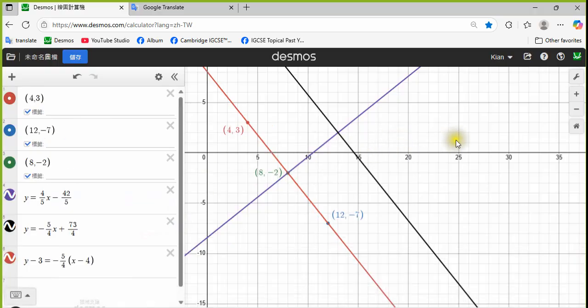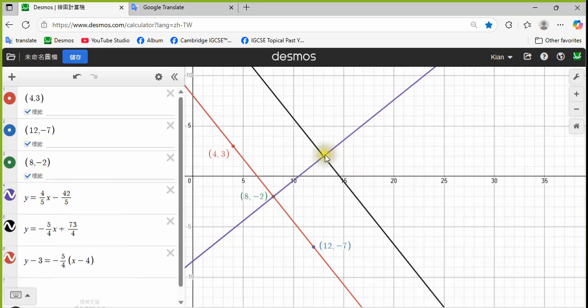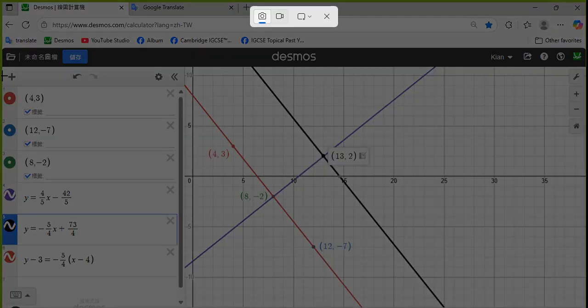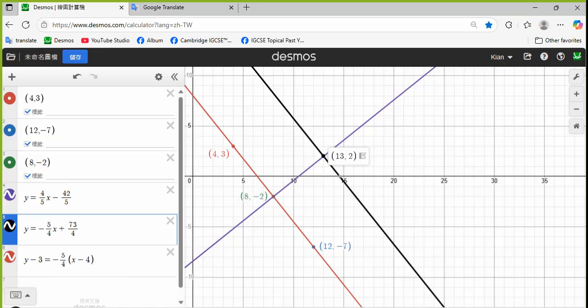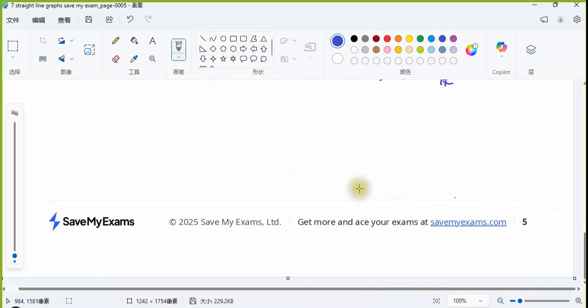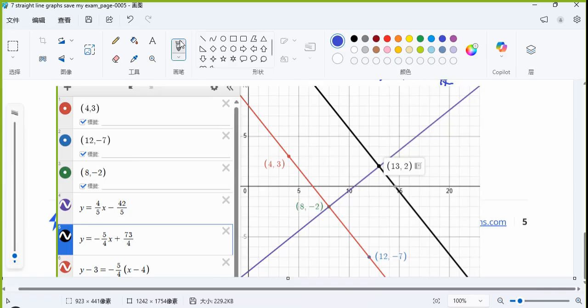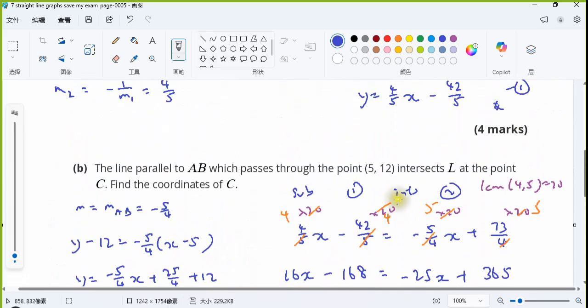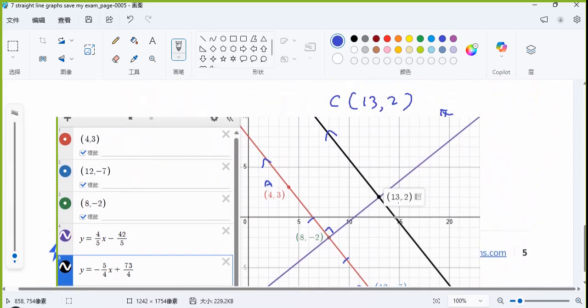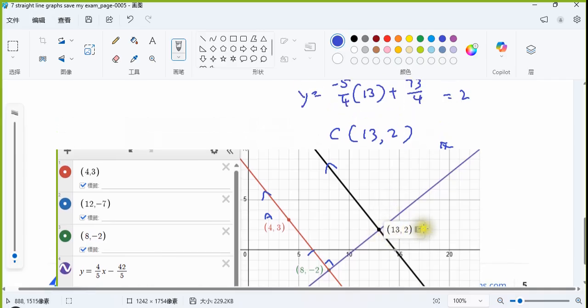Yes, correct. So this is point A, point B, the perpendicular bisector, and then the line parallel to AB that passes through the point (5, 12).